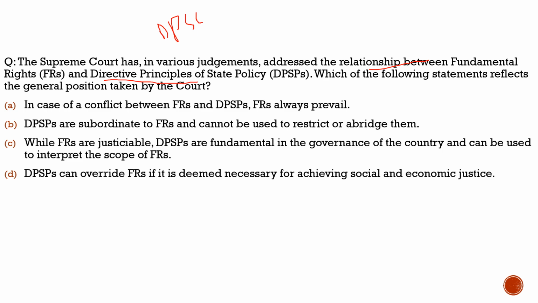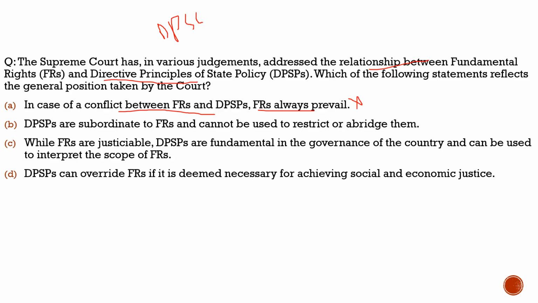By this question, we will understand the general position taken by the Supreme Court with respect to DPSPs. First statement: in case of a conflict between the FRs and DPSPs, fundamental rights always prevail. This is not always true. In many judgments given by the Supreme Court, they have said that sometimes DPSPs can prevail over fundamental rights.